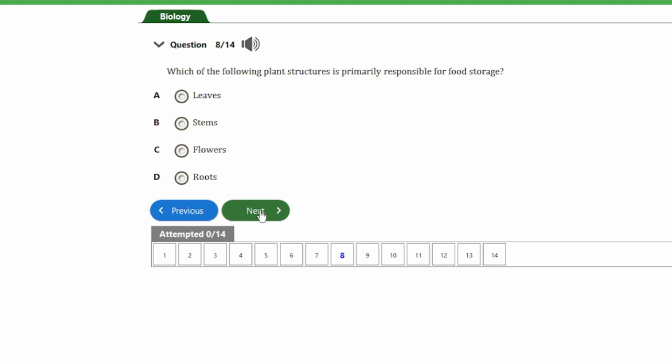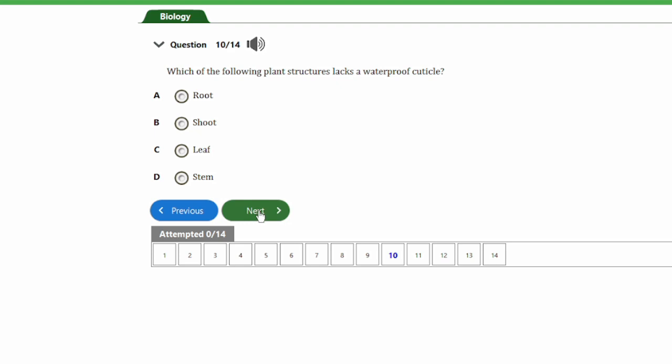The roots actually store carbohydrates and other nutrients that are produced by the leaves through photosynthesis. So these stored nutrients provide a source of energy for the plant during periods of dormancy, where resources are limited. So let's look at the next question.